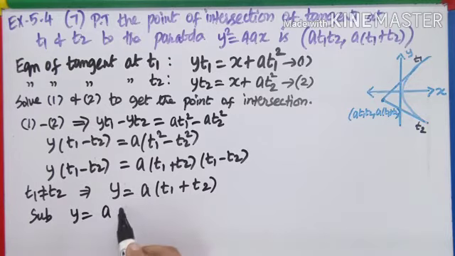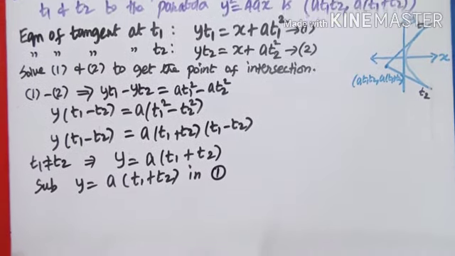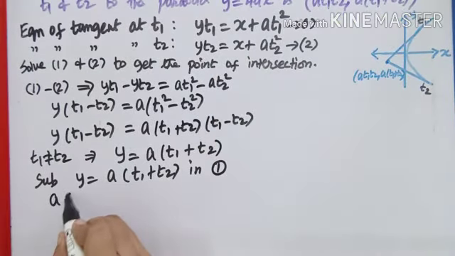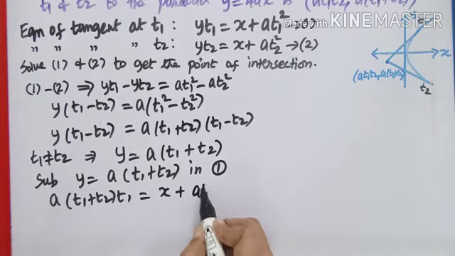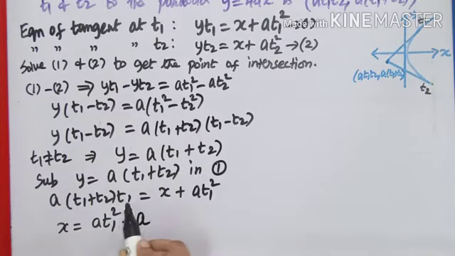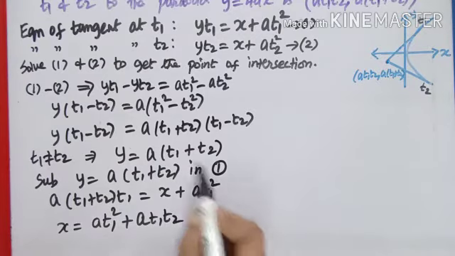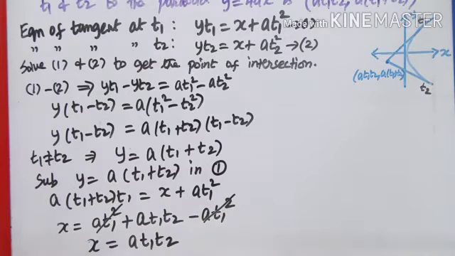Substituting y equals a into T1 plus T2 in equation number 1: a (T1 plus T2) into T1 equals x plus a T1 square, or x is equal to a T1 into T1, which is T1 square, plus a T2 into T1, so a T1 T2, bringing a T1 square to the left side minus a T1 square. As I cancel these two, we get x is equal to a T1 T2.